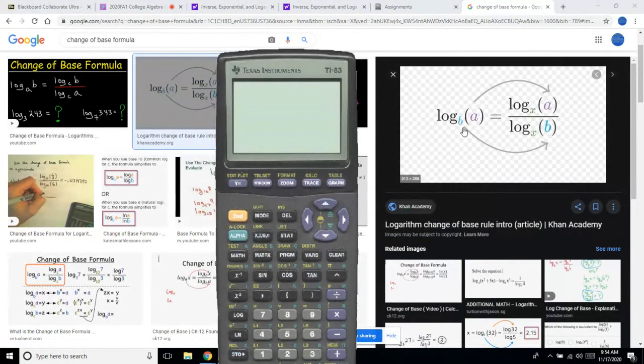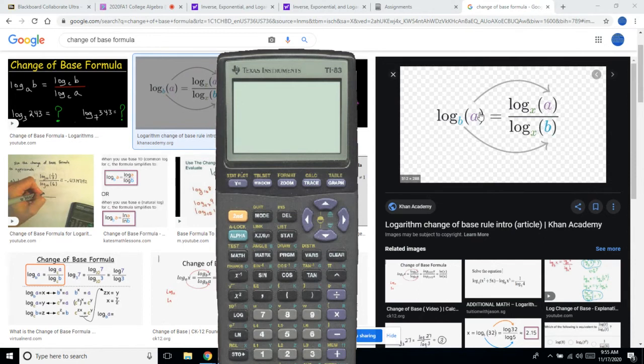This is the log base b of a. So here in my initial log, my base is b. The argument of my log is a. I can rewrite this using the change of base formula as the log base x of a.